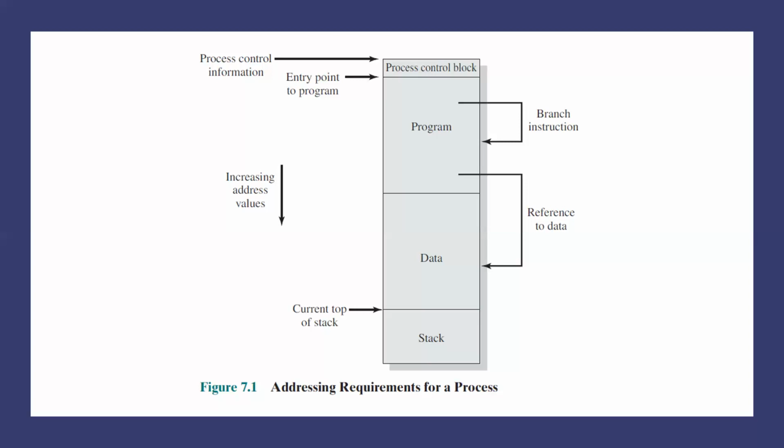A data reference instruction contains the address of the byte or word of data referenced. Somehow, the processor hardware and operating system software must be able to translate the memory references found in the code of the program into actual physical memory addresses, reflecting the current location of the program in the main memory.